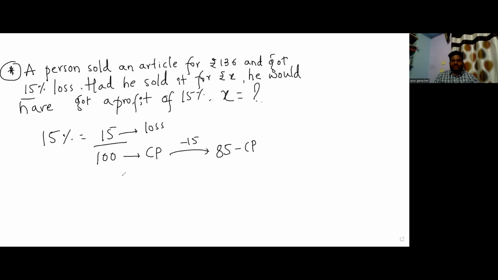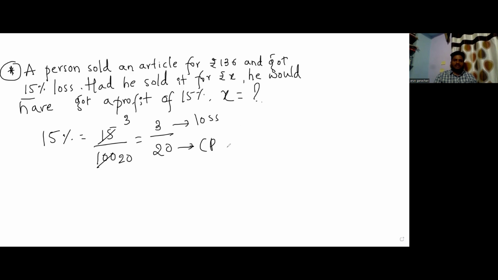Let us reduce it to the simplest form first, so it is 3 by 20. 20 is the cost price, 3 is the loss. So with a 3 rupees loss, your selling price will become 17. When cost price was 20, selling price was 17.